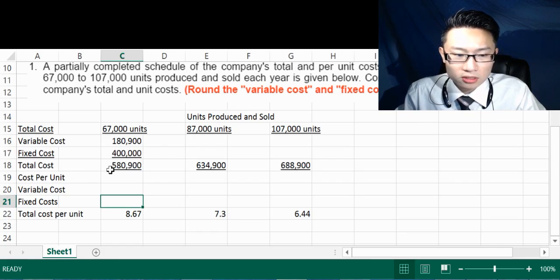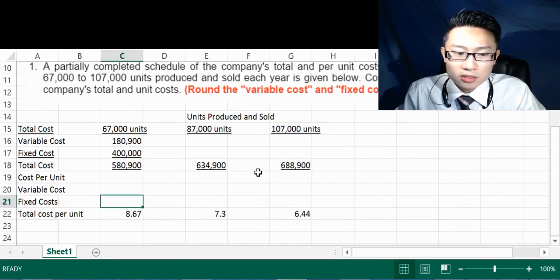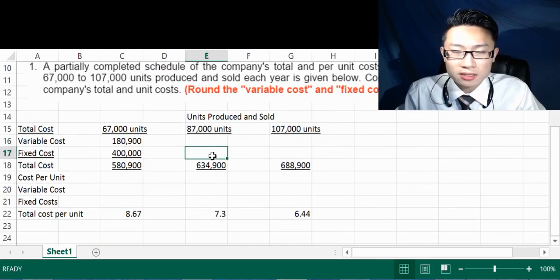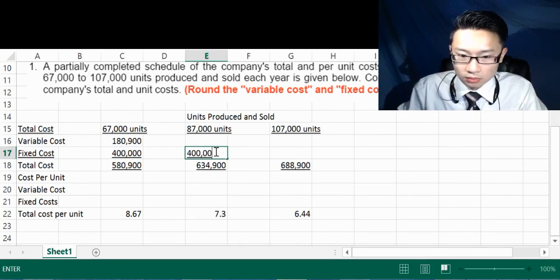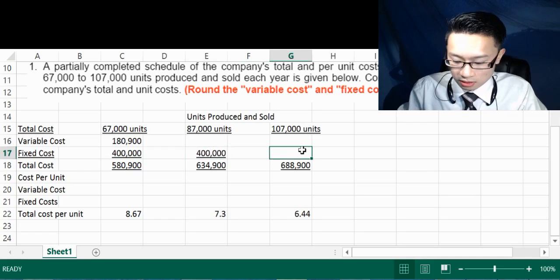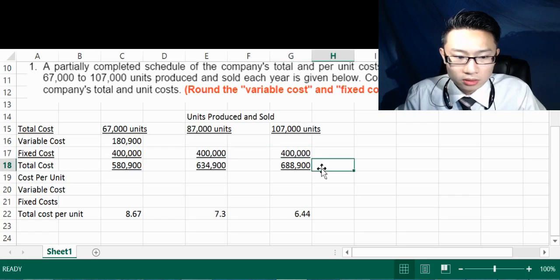Total cost is just variable cost plus fixed cost, as I've outlined here. Since fixed cost is going to remain the same regardless of the amount of output, even though there's a jump, fixed cost is going to be the same. So I'm just going to put 400,000 here and 400,000 here. Good.